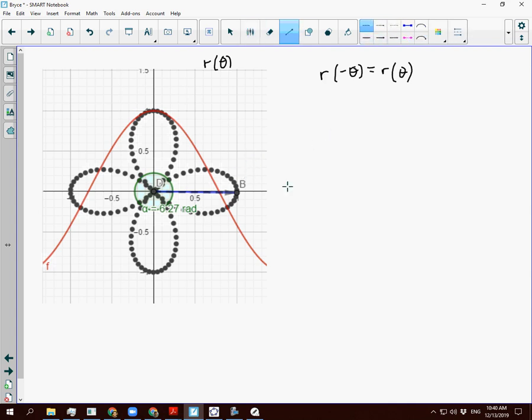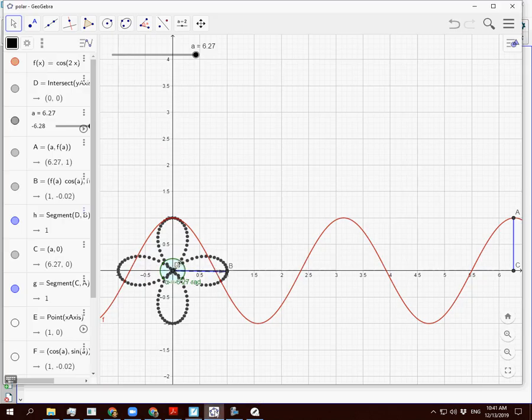Well, let me go back. The positive value of theta gives you the same r value as the equivalent negative value of theta.